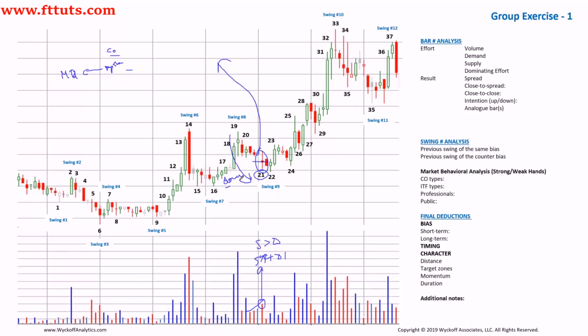Downswing. So the bias is still to the downside. Most likely, after the open, we continue with momentum to the downside. Then we come back and rally up to maybe the high of the previous bar.